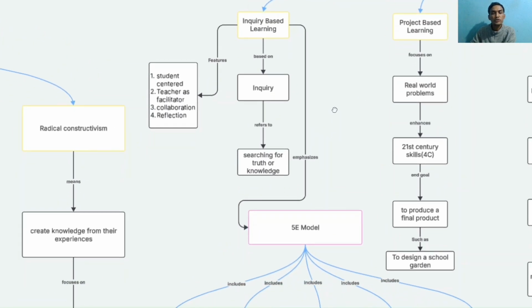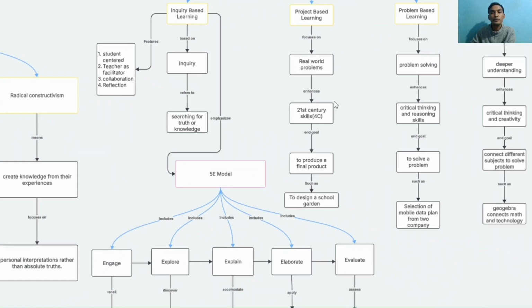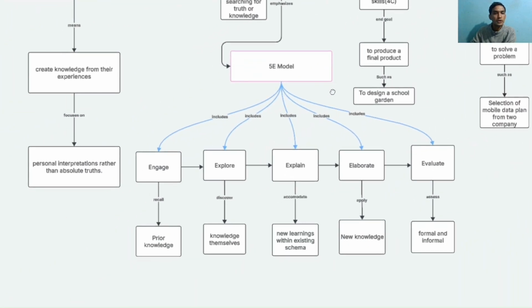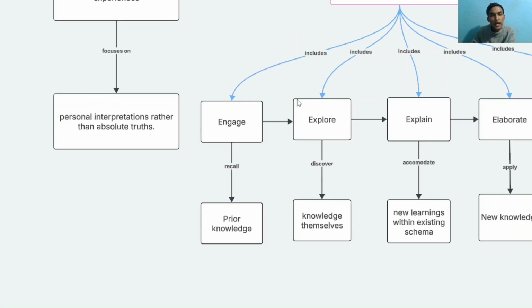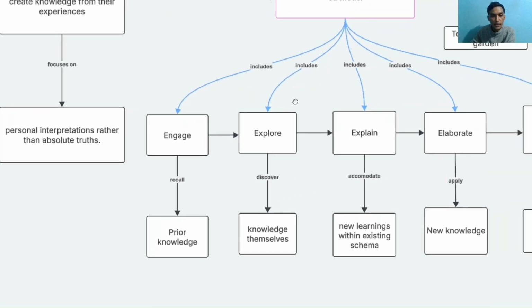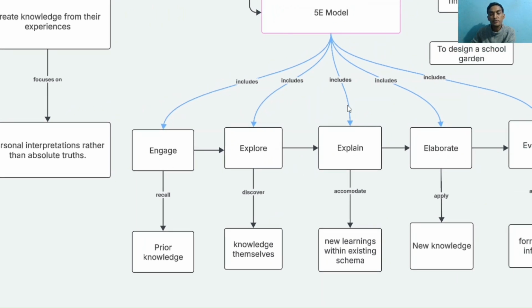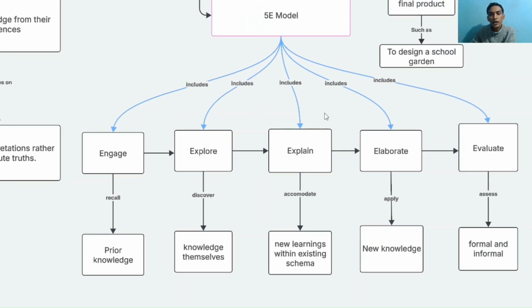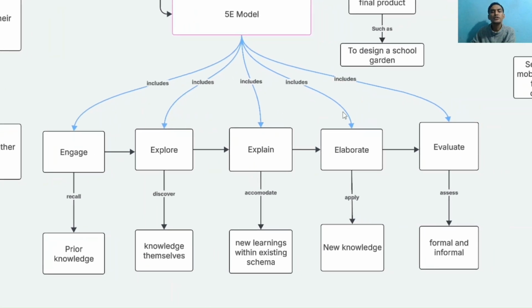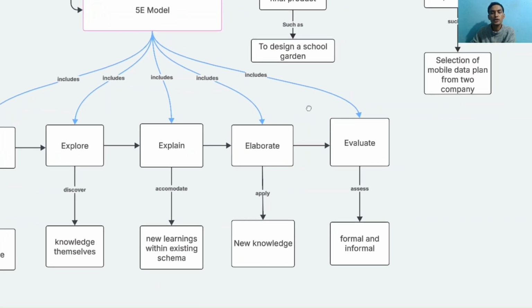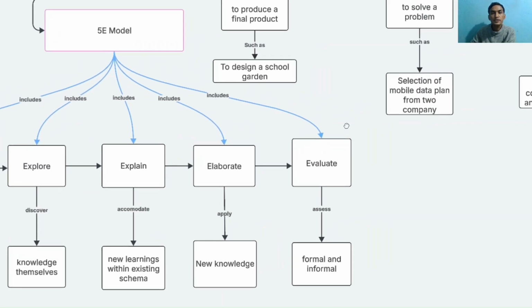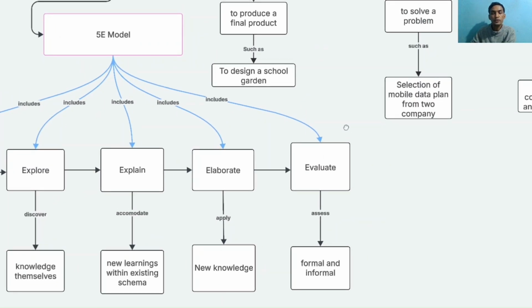Inquiry-based learning emphasizes the 5E model, which includes five elements. First is engage, where the learners recall prior knowledge. Engage is followed by explore, where they discover knowledge themselves. Explore is followed by explain, that accommodates new learnings within the existing schema. Explain is followed by elaborate, that applies new knowledge, and elaborate is finally followed by evaluate, that assesses formal and informal.